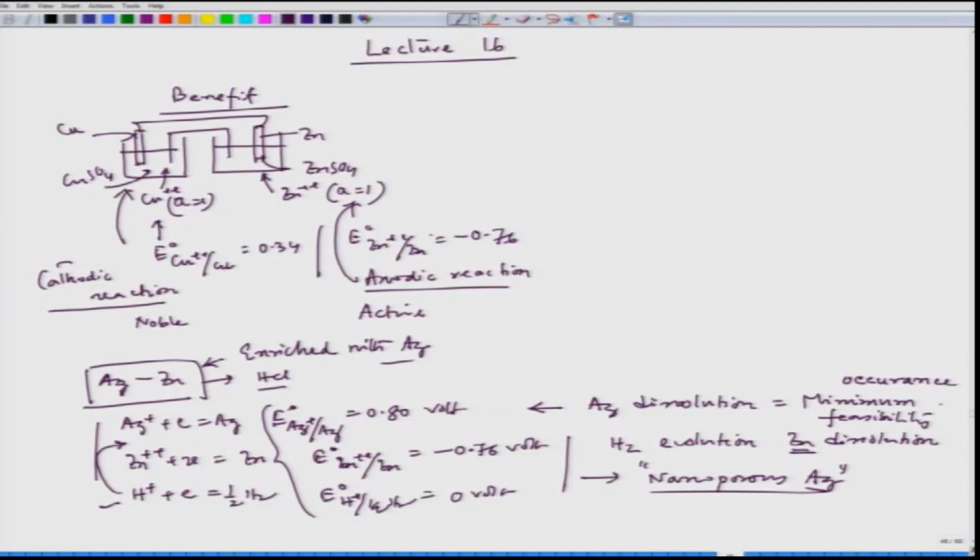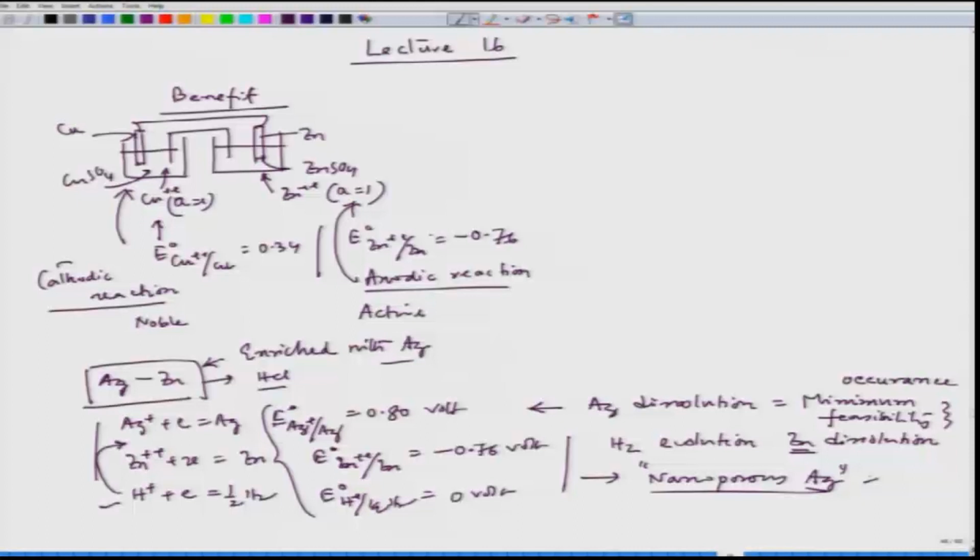So, here I have written minimum feasibility. There are reasons for this. Actually, for the modern mechanism for dealloying in silver zinc system, there are several proposals or several mechanisms. Some people say that zinc and silver both dissolve in the beginning, and then silver deposits back because of its higher reduction potential, and zinc ion stays back.